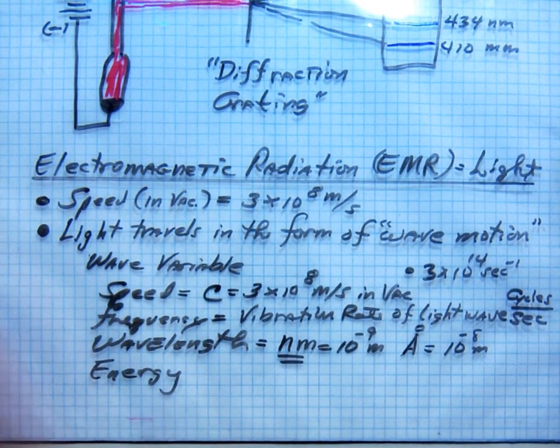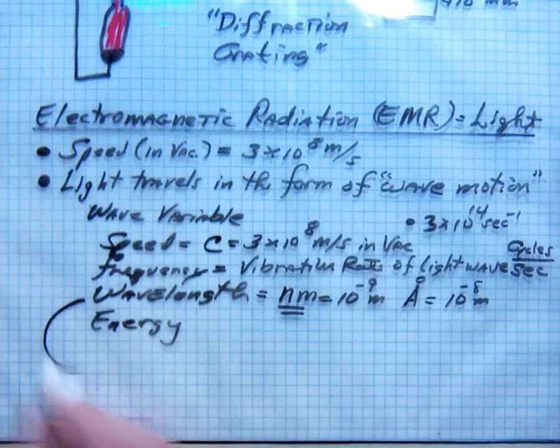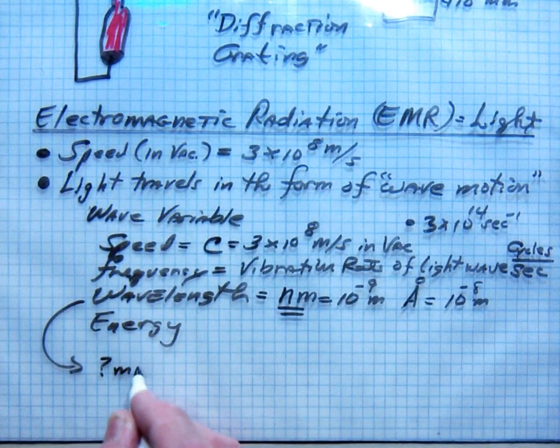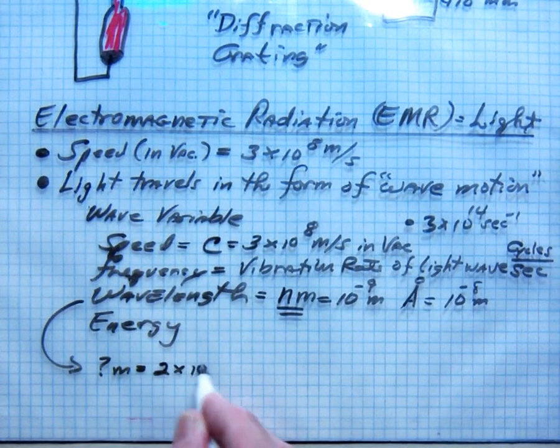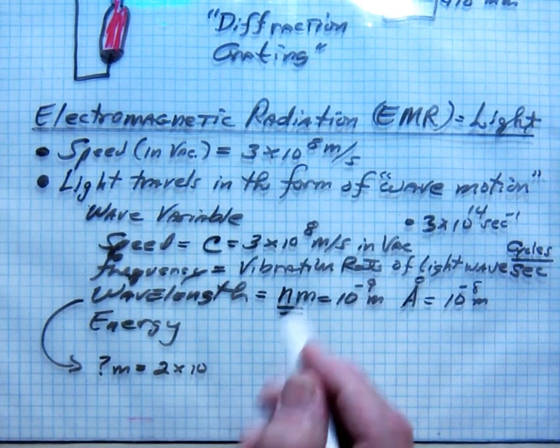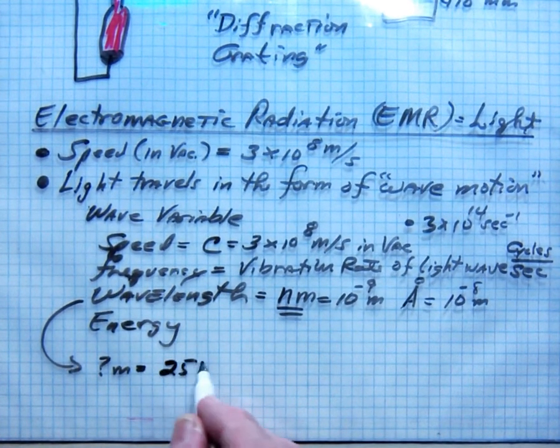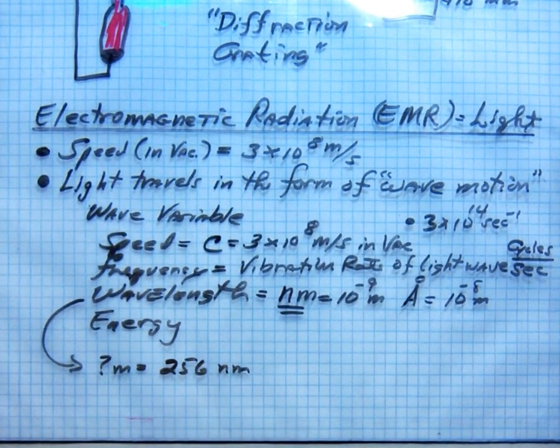So let's say you're given a simple conversion. Convert 256 nanometers to meters.